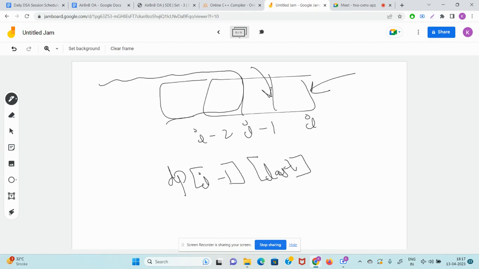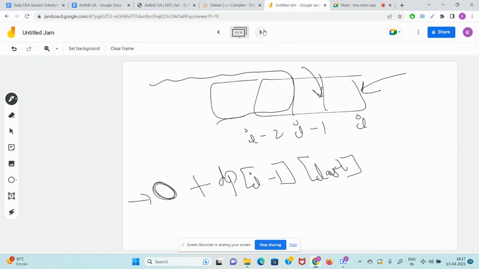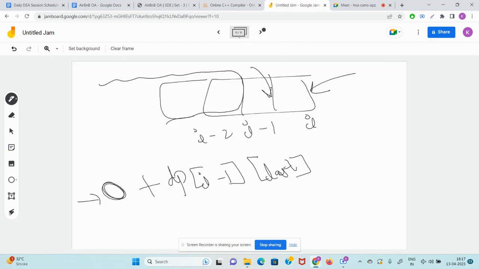What does this mean? So the one of the possible answer is 0 plus ये वाला 0. 0 plus dp of I minus 1 last. What does this mean? This means that you picked this element, then you started picking this and this and this. So guys, if you are picking this element, then the answer is dp of I minus 1 last.